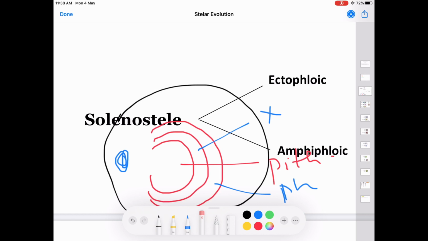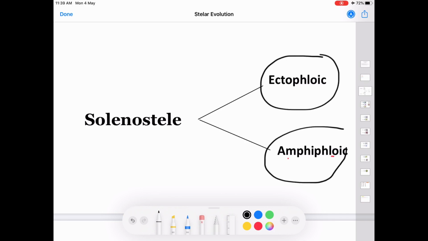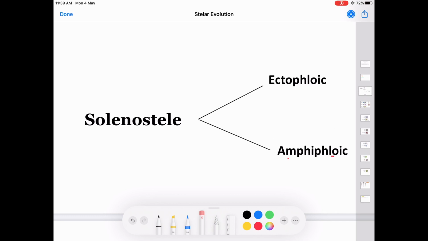The solenostele is also divided into two different types, the ectophloic solenostele and amphiphloic solenostele.